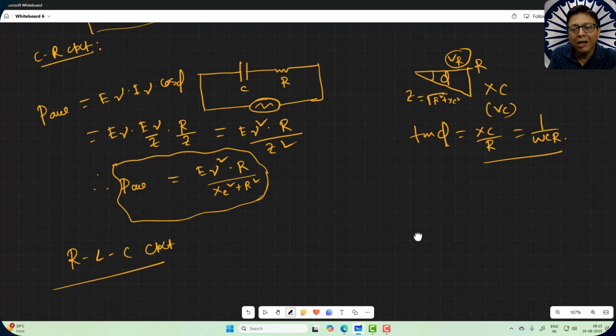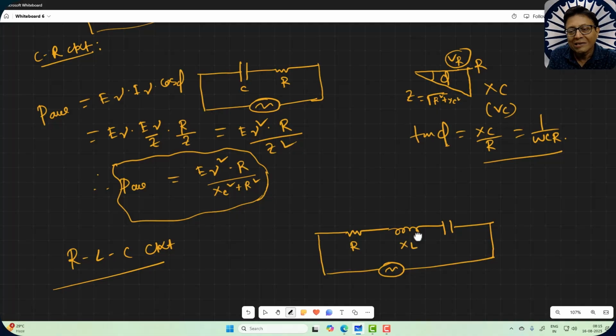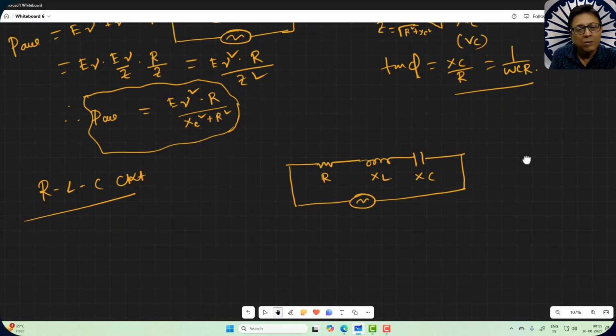What will you get in an RLC circuit? Resistor, inductor, capacitor: R, XL, XC. And tan phi, you know, is XL minus XC by R. In the beginning, I have discussed with you, phi is this.